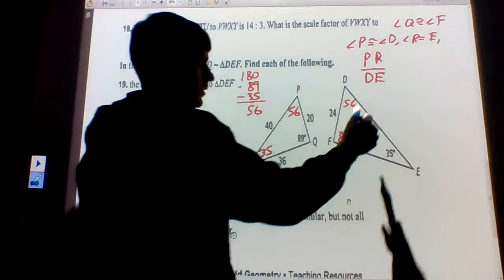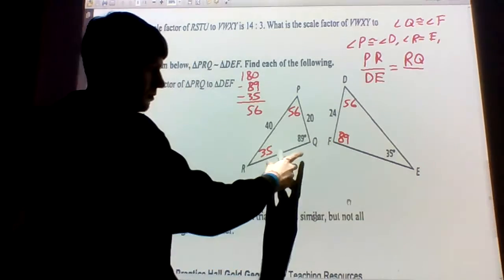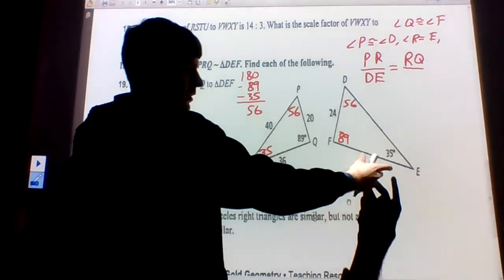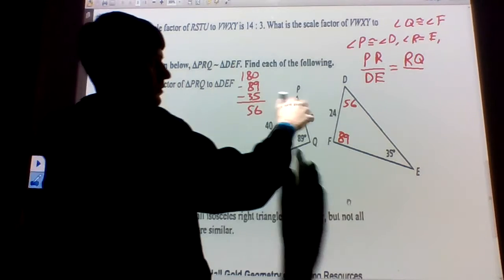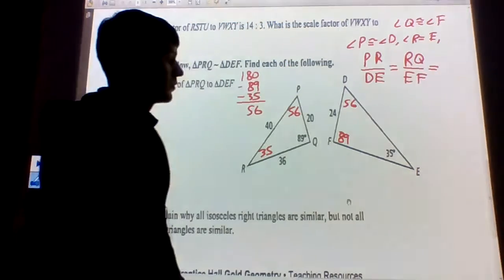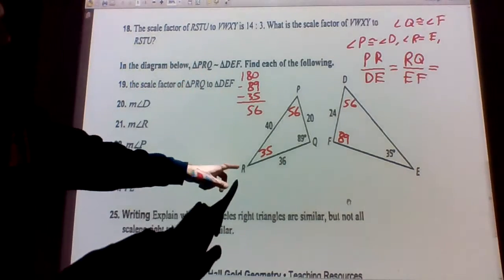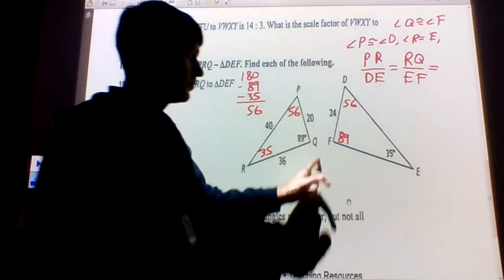Okay, RQ is another side. So RQ is going to match up with EF, or you can use the diagram, RQ and EF. I'm sorry, or the similarity statement. Okay, and then PQ matches up with DF.